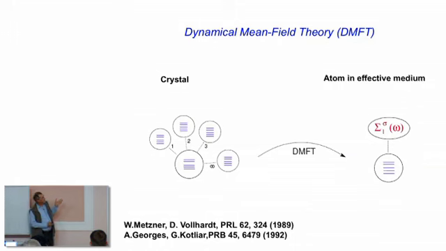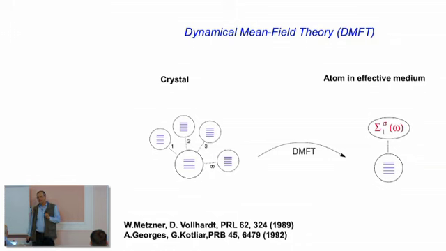Now, what is the idea of Dynamical Mean-Field Theory? We have atoms, and on every atom we have a set of atomic levels. Now, the idea is the following. We consider one atom, but it is sitting not in a crystal of interacting atoms, but in a crystal of atoms with an imaginary energy-dependent potential.